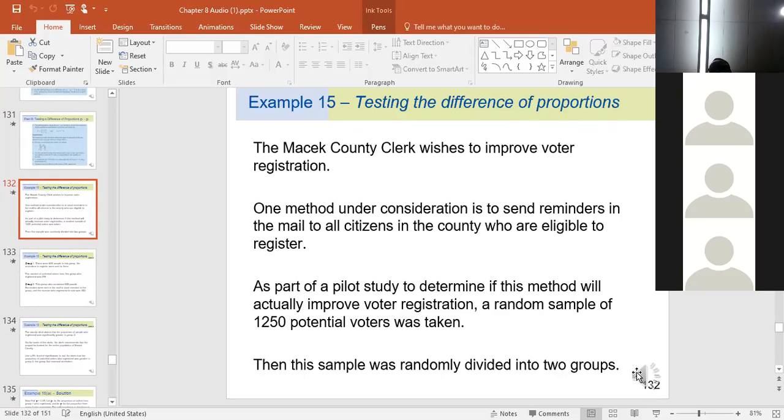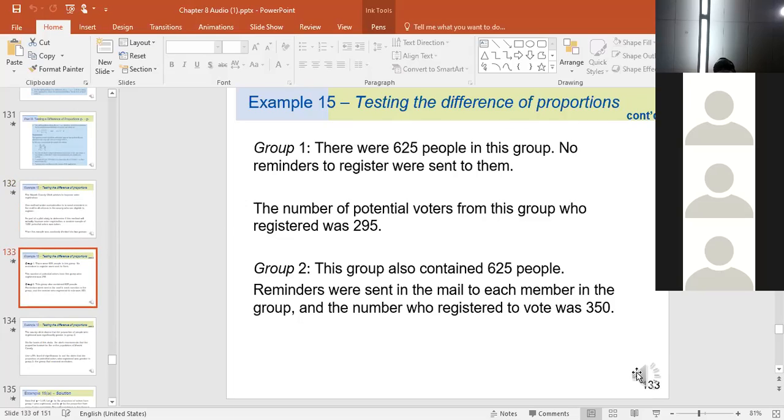As part of a pilot study to determine if this method will actually improve voter registration, a random sample of 1,250 potential voters was taken. Then this sample was randomly divided into two groups. Group 1, 625 were sent a reminder and 295 registered. Group 2, 625 and 350 registered.